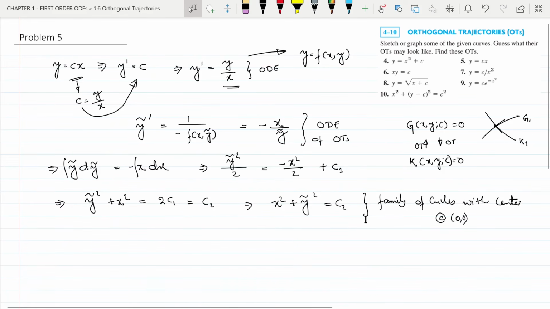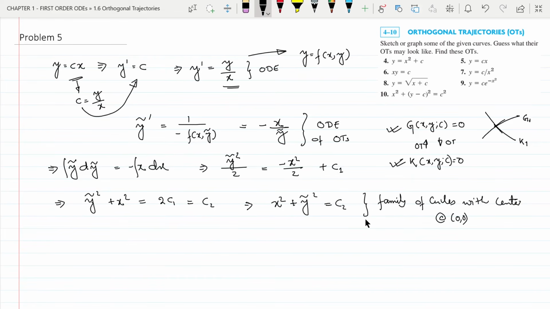So we found the same thing that we found during discussing the theory. For a family of circles with center at origin, the orthogonal trajectories are straight lines passing through origin. In the same way, for straight lines passing through origin, the orthogonal trajectories are the family of circles with center at origin. It works both ways.